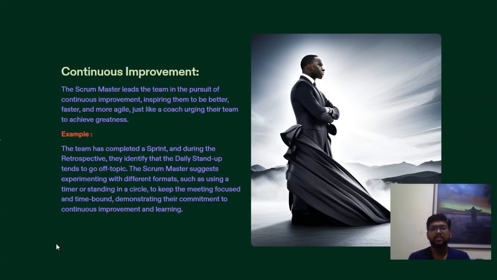Next is continuous improvement. The Scrum Master leads the team in pursuit of continuous improvement. He or she has to inspire the team to move faster and to deliver the project as fast as possible compared to traditional project management practices, right? So you require to coach the team on why Scrum is important, what exactly Scrum is, and what the daily duties of a team member are.